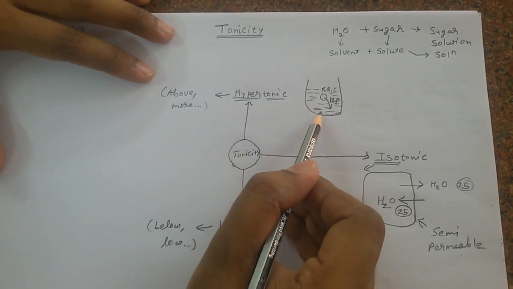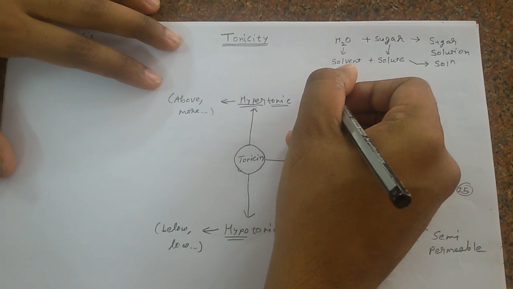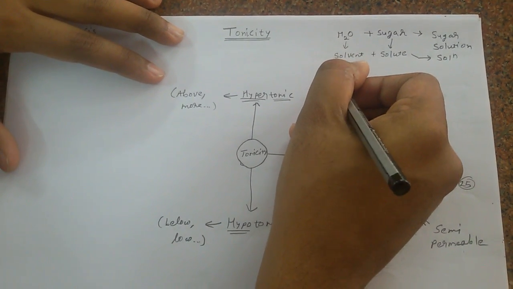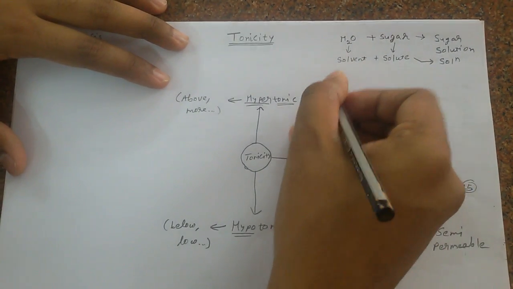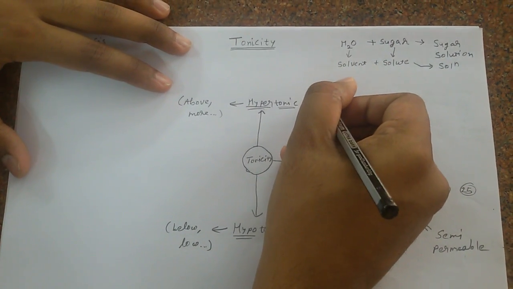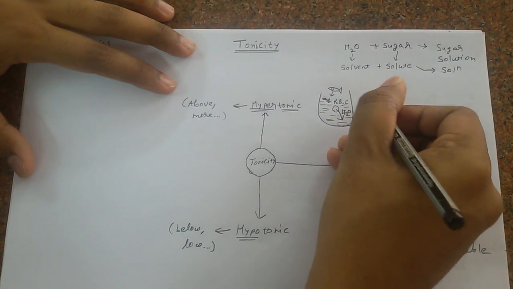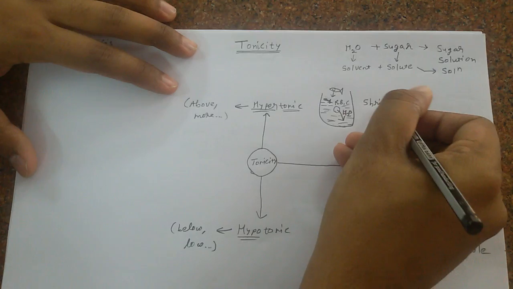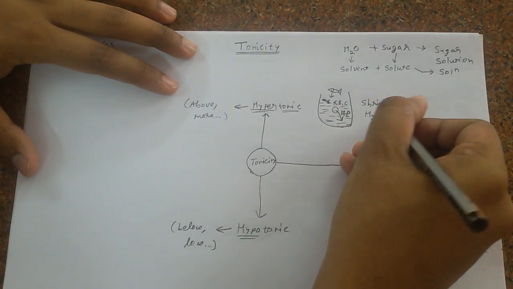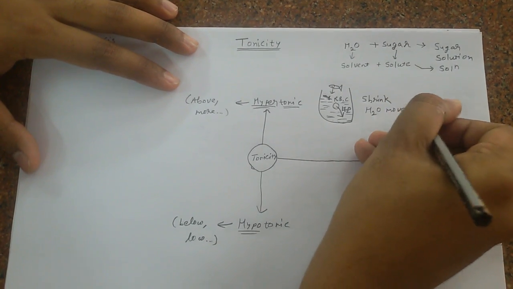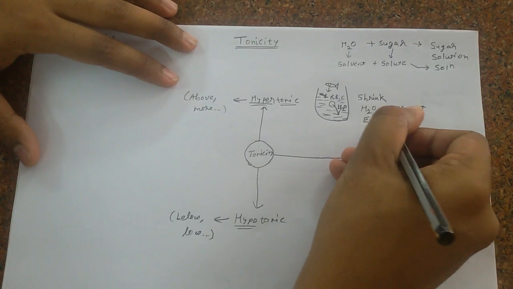Similarly, if in case of hypertonic solution, I put freshwater fish, then similarly the water will move out of the freshwater fish and the fish will shrink. Things in this case shrink. Why? Because water moves out. This is called as exosmosis.